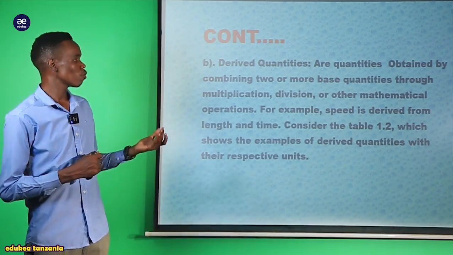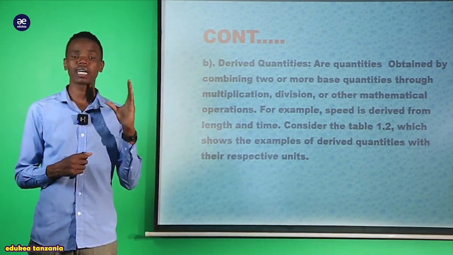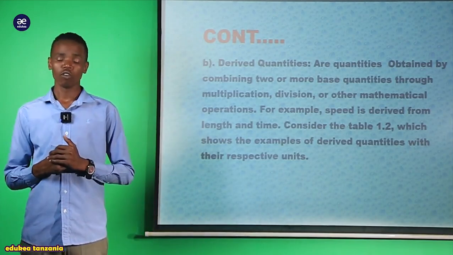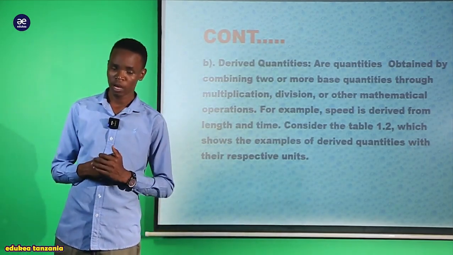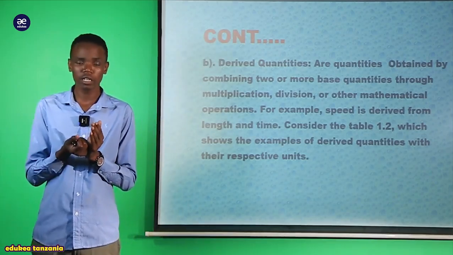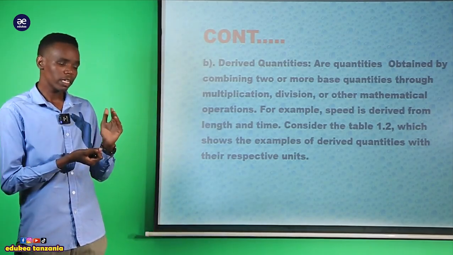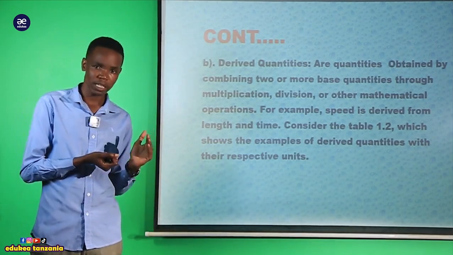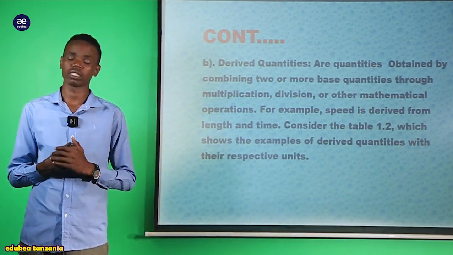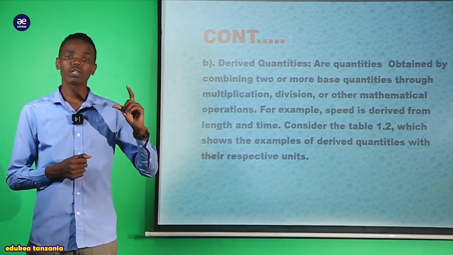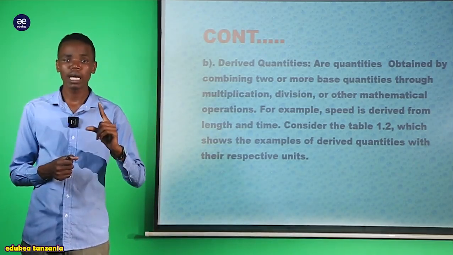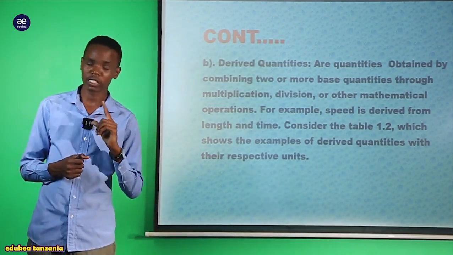We get all of these quantities from the other quantities. For instance, we have the mass, we have the force. Now, how did we get the force? We get the force by taking the mass times the acceleration due to gravity. Therefore, all of the derived quantities are made up by the fundamental quantities.